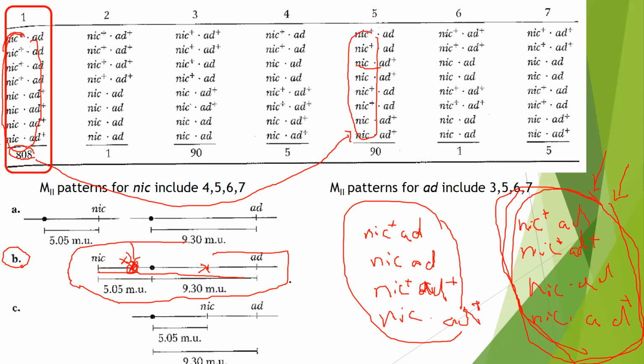So is it because of the specific order of the NIC and the AD that option B is not possible? Yeah, because based on the data. Before we make any conclusion, we could have different options, but the data will help you identify the correct conclusion, right? Does that make sense? Oh, no, sorry.